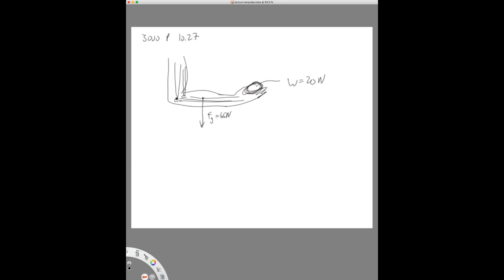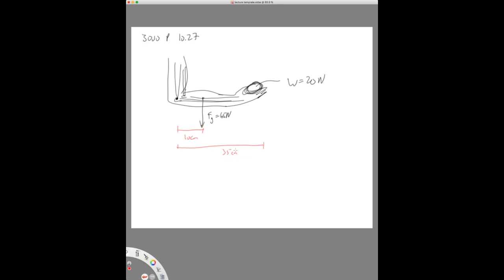In terms of forces, they're telling us that the distance between the force of gravity and the elbow is a total of 10 centimeters, while the length of the whole arm is 35 centimeters from the elbow to the center of the hand.